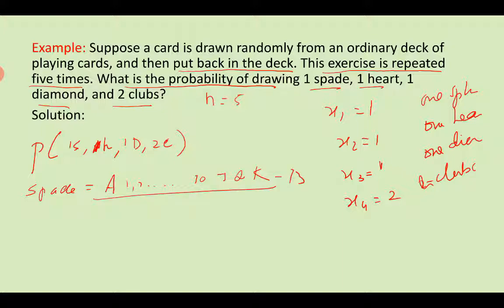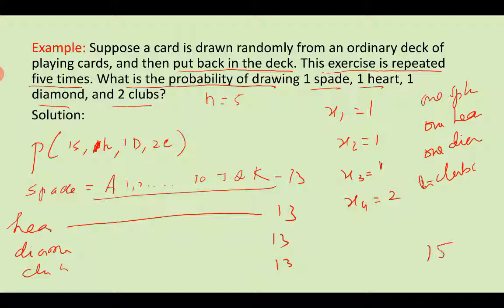Spade and heart there are again 13, diamond again 13, club again 13. Each has 13, so there are 52 cards. Out of 52 cards every case gives you 13 out of 52, so it will be 1 by 4.